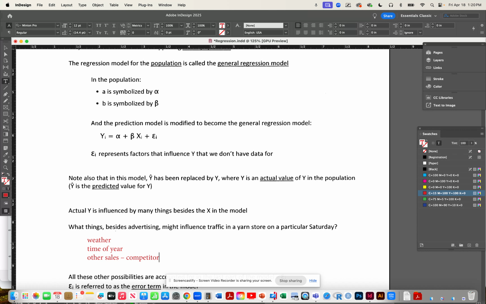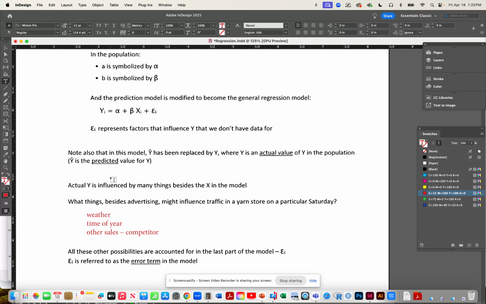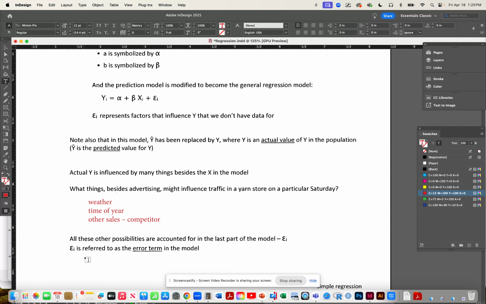For example, Walmart, they sell yarn, right? So maybe they're having a sale and that's just where your customers would rather go, instead of going to your store. So lots of different factors unaccounted for, and that's what this epsilon is for. This is referred to as the error term in the model.